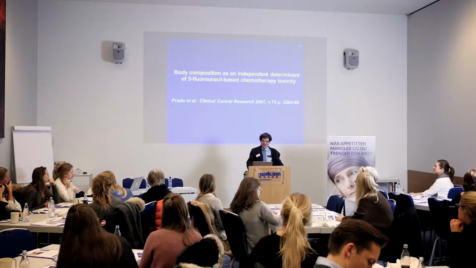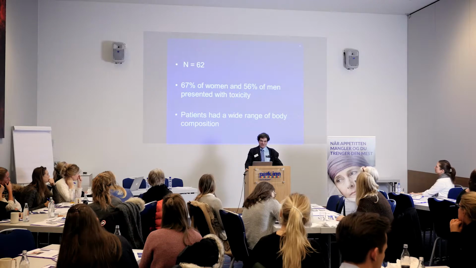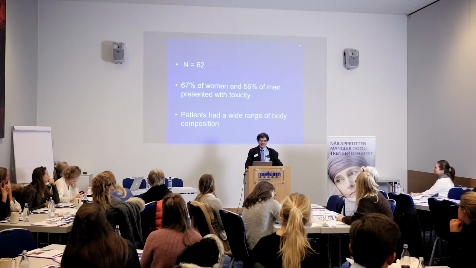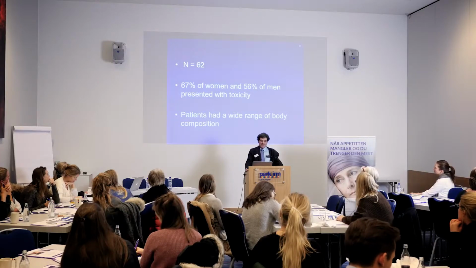It was a pharmacogenetic study, and we had meticulously collected all the toxicity data by research nurses in real time. So this wasn't a chart review going back and going, oh, is this grade 2 mucositis or whatever. This was immaculately collected toxicity data. And out of the 104 patients, 62 of them had CT scans within 30 days of starting treatment.